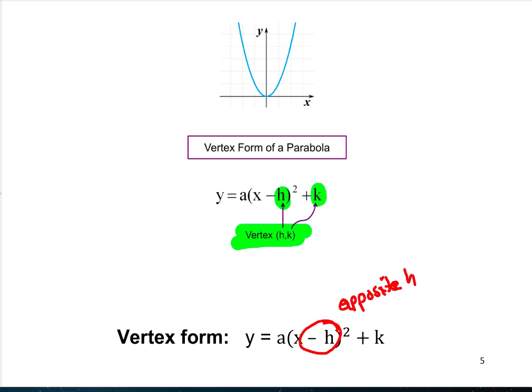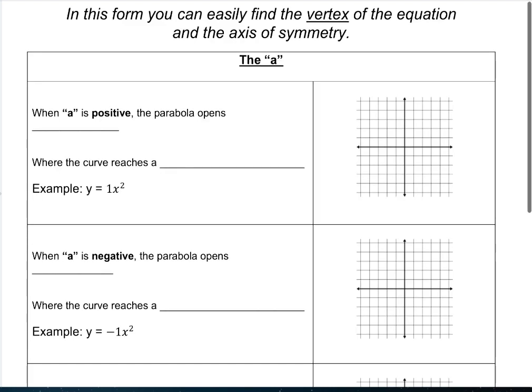If we see minus 3, we know our h is going to be a positive 3. If we see a plus 3 in there, we know our h value was negative 3. So just be careful of that subtracting in there.